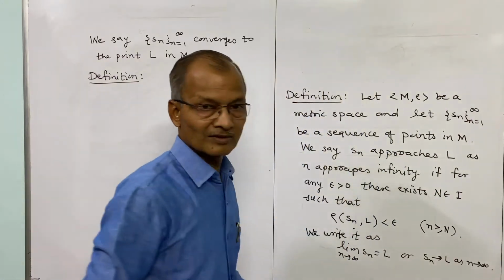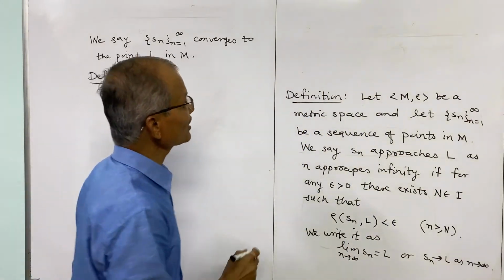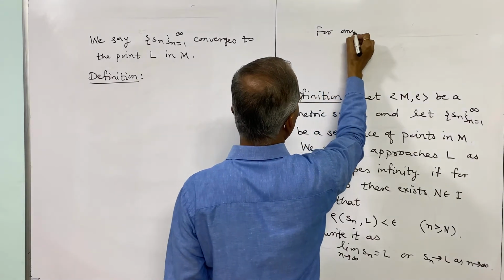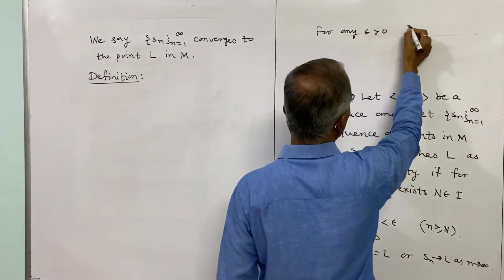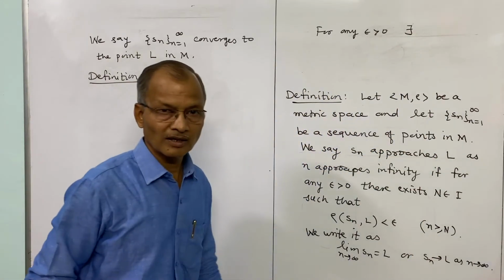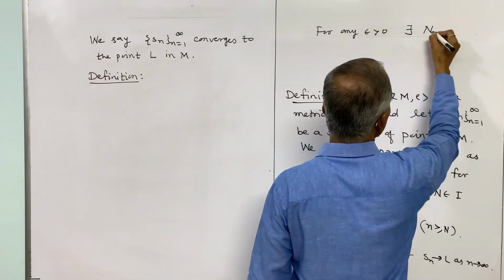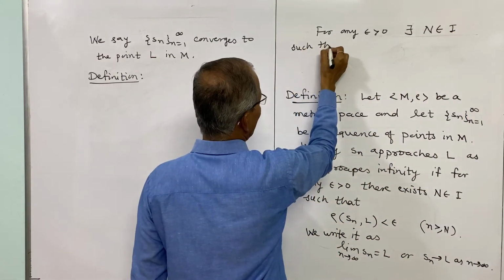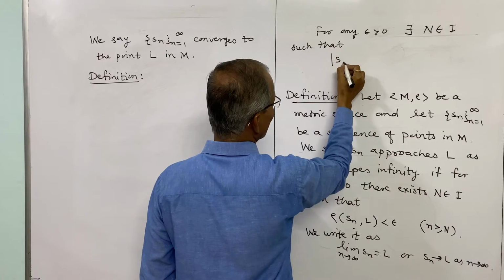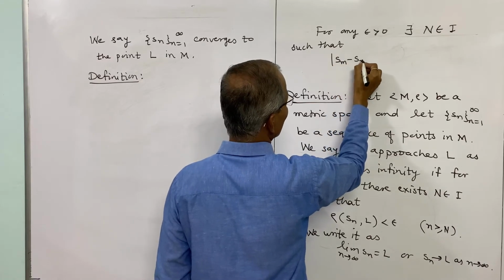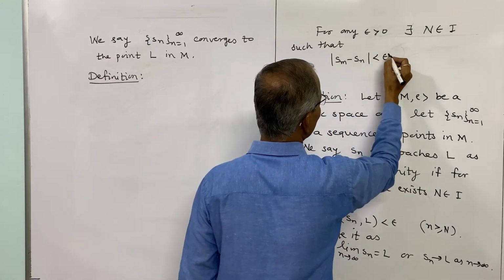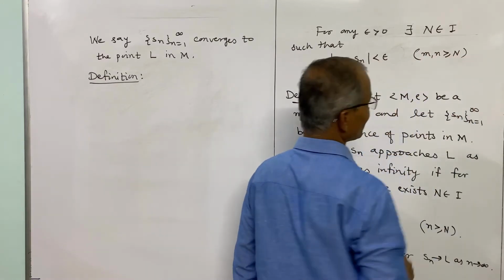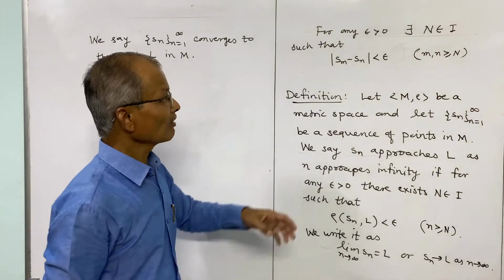Sn is a sequence. Then we say Sn is a Cauchy sequence if for any epsilon greater than 0 there exists N belongs to I such that the absolute difference of Sm minus Sn is less than epsilon for m and n both greater than or equal to N. So this is the earlier definition of Cauchy sequence.